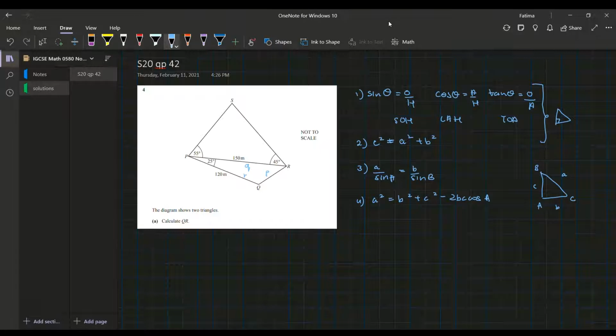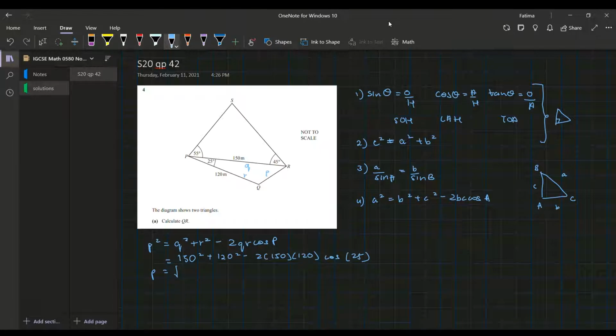So in this case, it would actually be p square is equal to q square plus r square minus 2qr cos P. So that means 150 square plus 120 square minus 2 into 150 into 120 cos 25. So p would therefore be root of all of this.